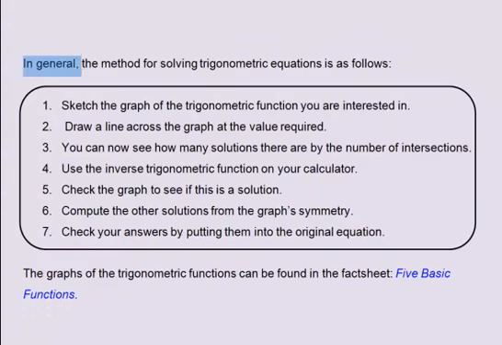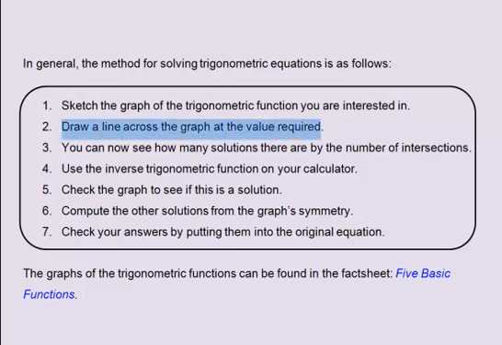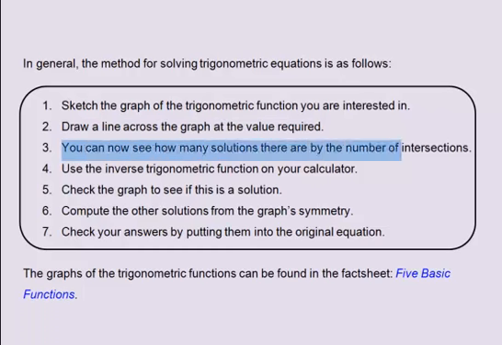In general, the method for solving trigonometric equations is as follows. 1. Sketch the graph of the trigonometric function you are interested in. 2. Draw a line across the graph at the value required. 3. You can now see how many solutions there are by the number of intersections. 4.